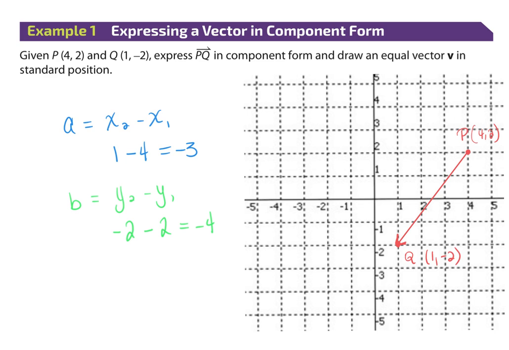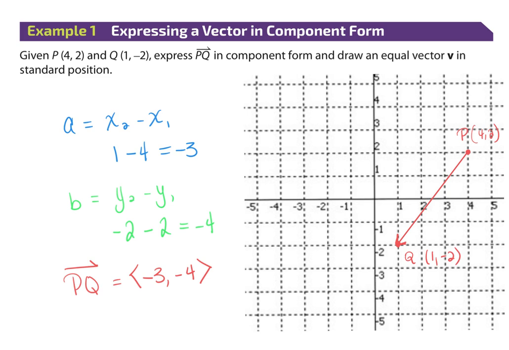All right? So how do I express this guy? Well, I would say that PQ in standard position looks like this. You'll notice my notation changed. I no longer have parentheses. Parentheses represent a coordinate point, xy. These little arrowheads almost, is what they look like here. These little brackets represent a vector.